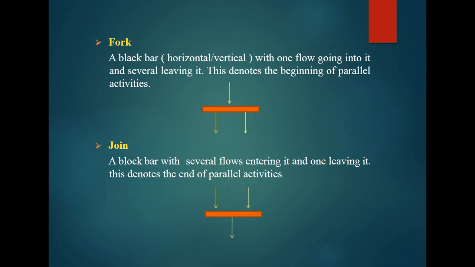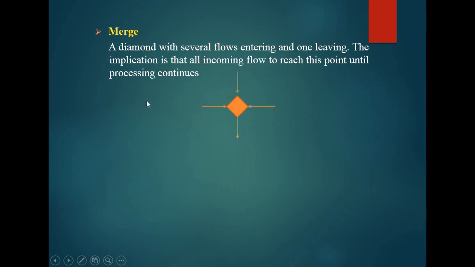Join. Again, we have seen fork that separates the activities. In join, we will merge the activities. The bar with several flows entering and one leaving, this denotes the end of parallel activities. Means parallel activities will work together here and will make a single activity. Now merge.